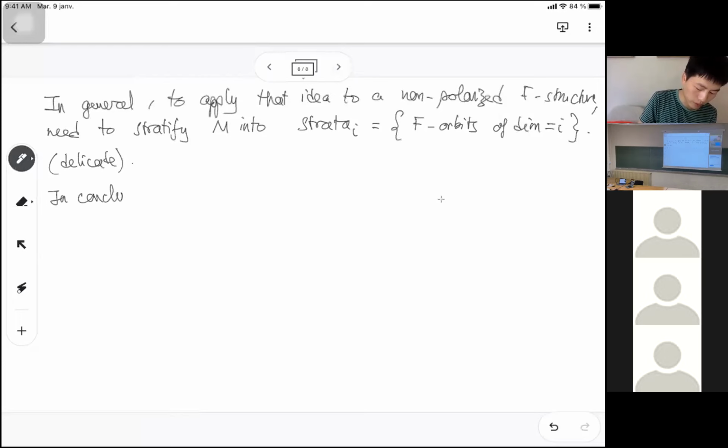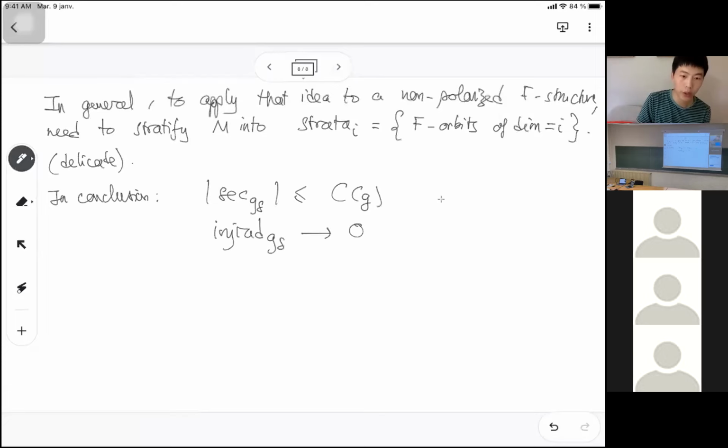And to conclude, all right, we have that the sectional curvature is upper bounded, and it's upper bounded again by a constant that depends only on the metric you started with. Moreover, the injectivity radius goes to 0, and we need to be careful because the volume has no reason to go to 0, and in fact, this holds.